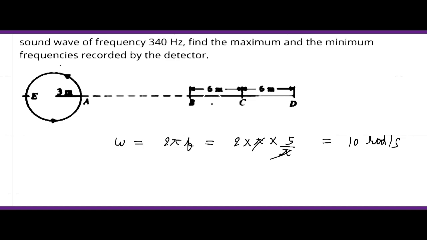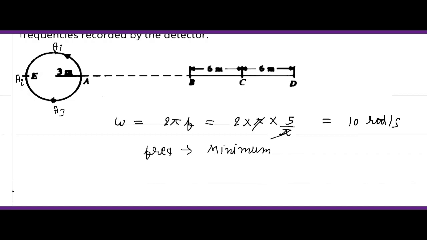When the detector is moving from B to C, C to D, the source is moving anti-clockwise through A1, A2, A3. So the source is going far from the detector. So in this case, the frequency is minimum, using the Doppler effect of sound.